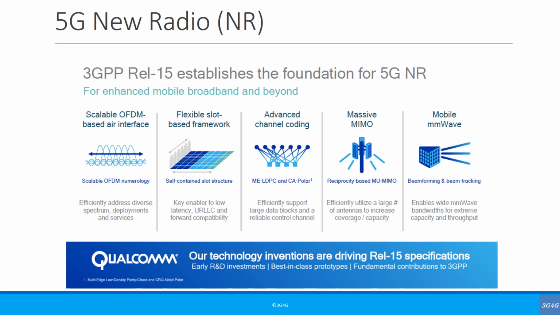You have advanced channel coding, which includes the multi-edge LDPC and CA polar codes. You have massive MIMO, and you have the ability for beamforming and beam tracking with or without millimeter wave. So this is all release 15 specifications, 3GPP release 15.